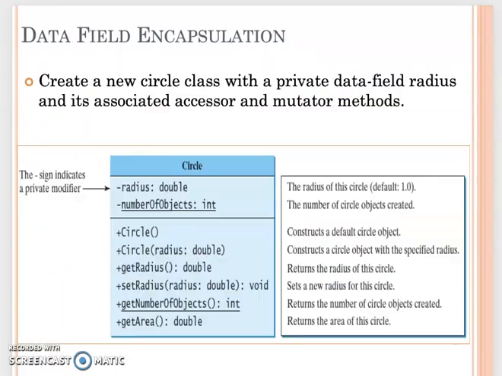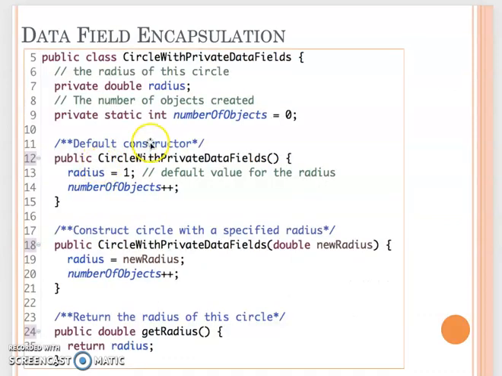After we add the data field encapsulation concept, you can see our circle UML diagram changed again. Again, a negative sign means private, a positive sign means public, and an underline means static. We provide you two different source files you can run from the IDE.